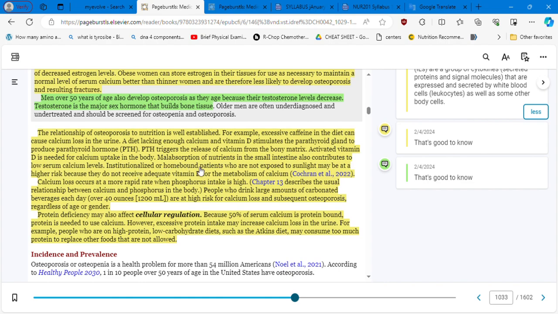Institutionalized or homebound patients who are not exposed to sunlight may be at higher risk because they do not receive adequate vitamin D for the metabolism of calcium. Okay, this is happening here in the states in the east part of the country, also in the Nordic countries, right? Canada.